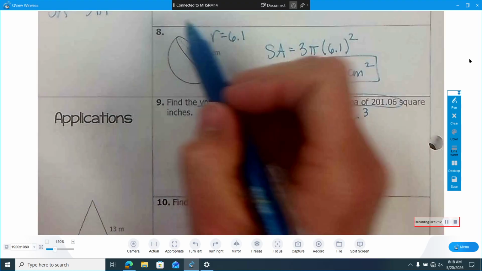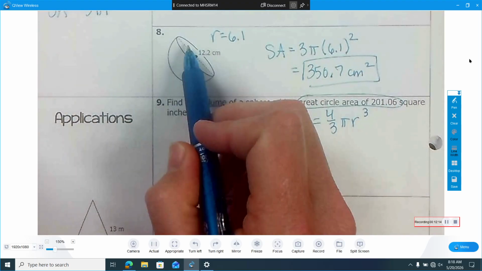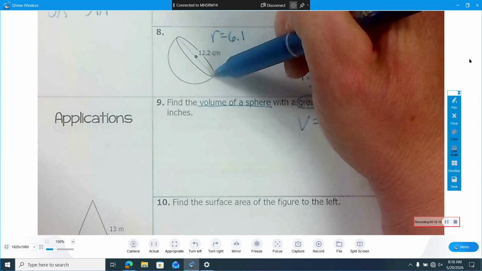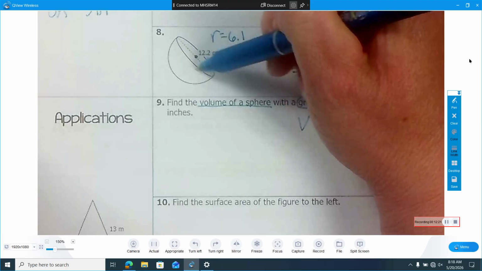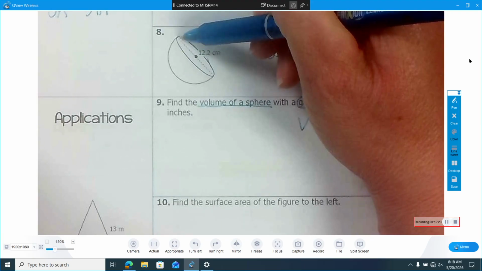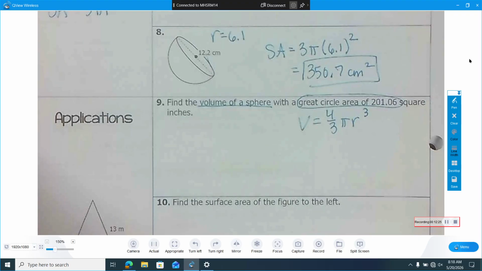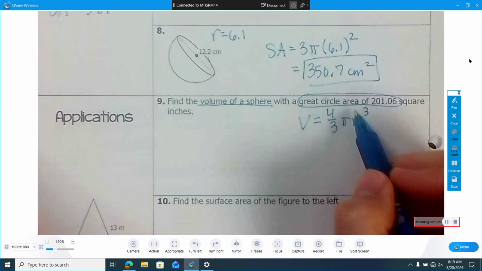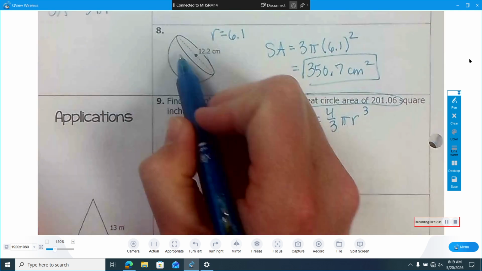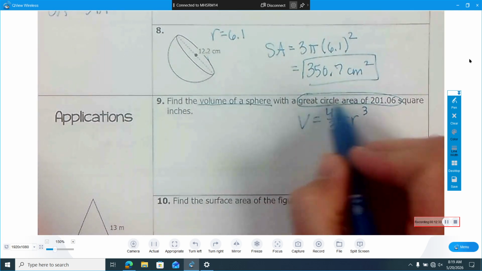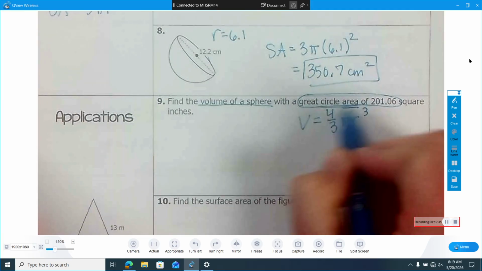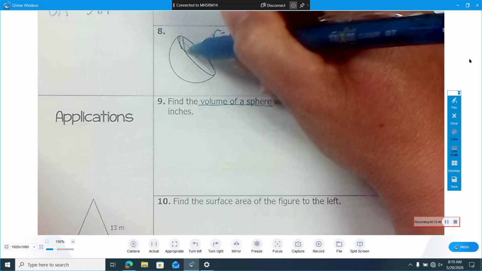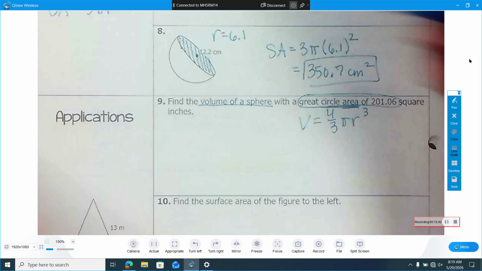You can imagine right here from these pictures, the great circle is that circle that goes around the widest part of the sphere. It is not just the around distance, it's actually the area that they're giving us.